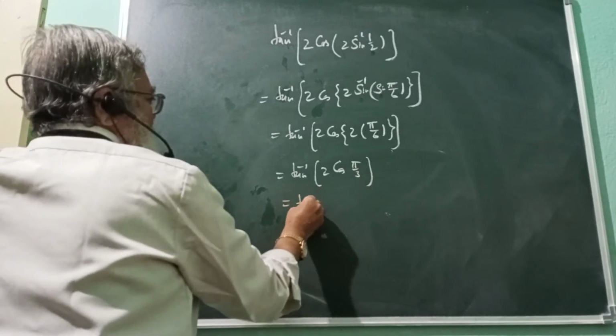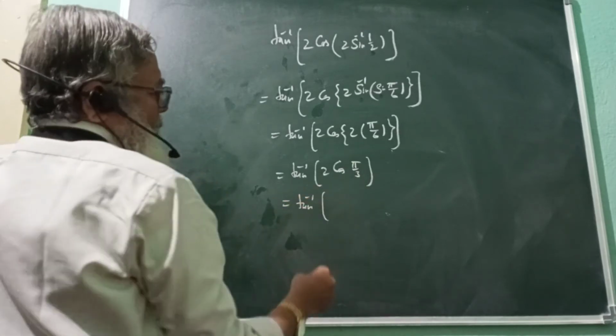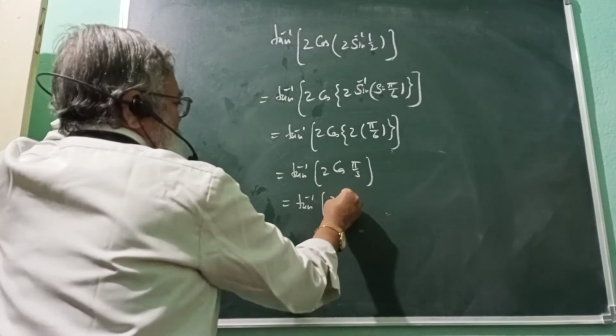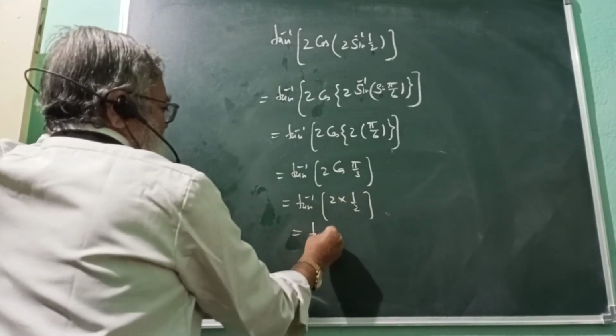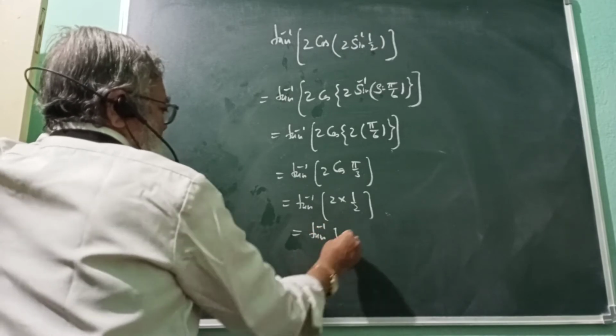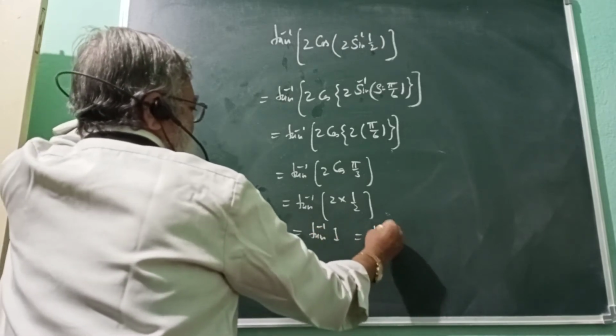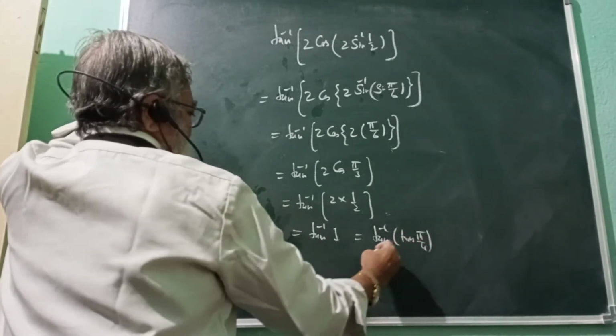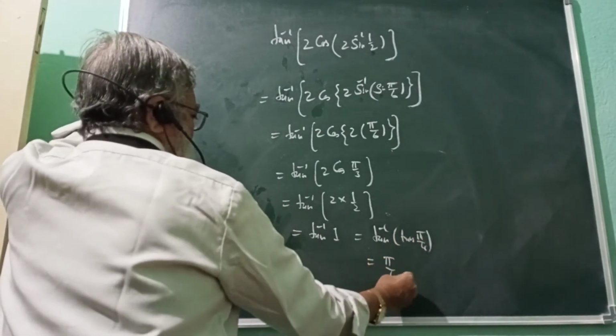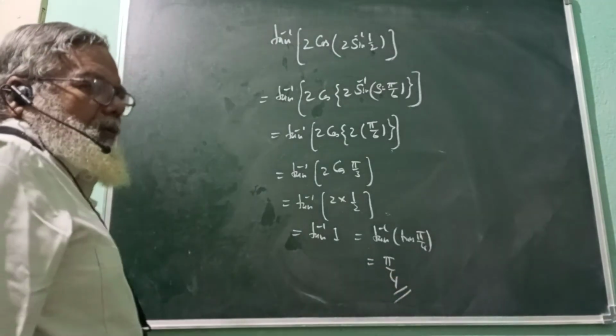And what is the value of this cos 60? That is 1 by 2. That 2 cancels with this 2. We get tan inverse of 1. Tan inverse of 1 we write as tan pi by 4. And you know tan and tan inverse cancel each other. Our answer is pi by 4.